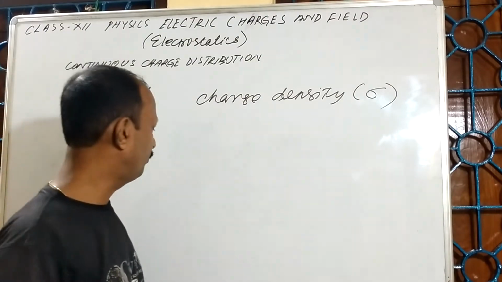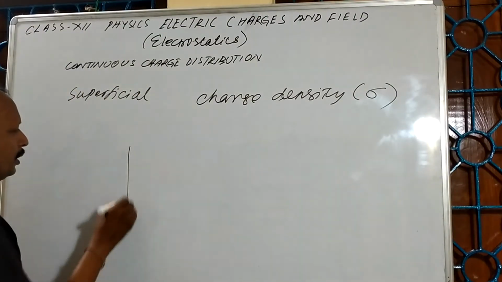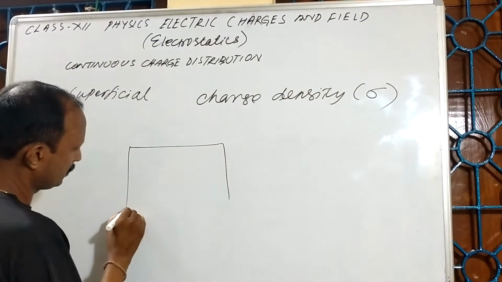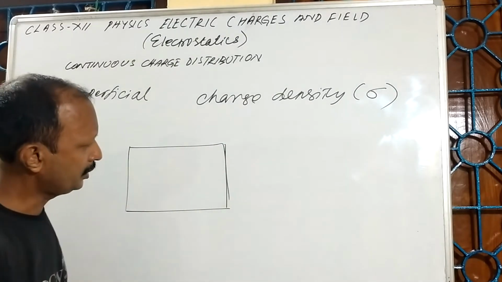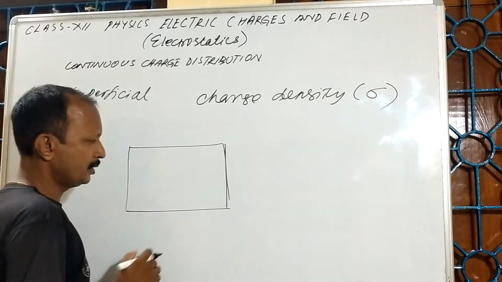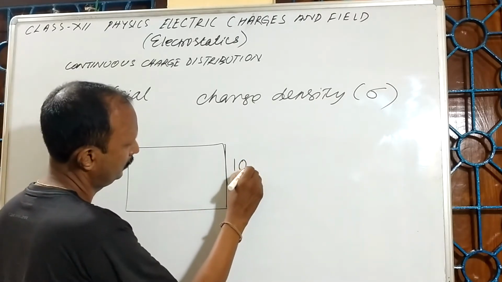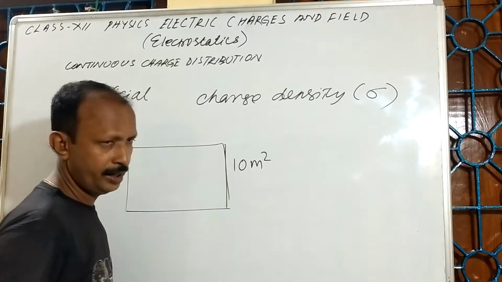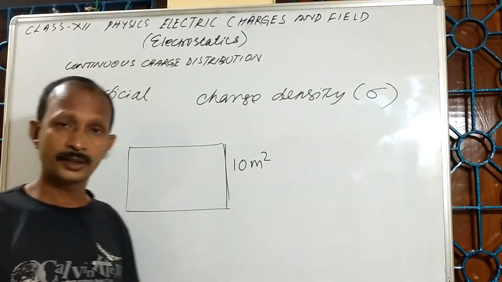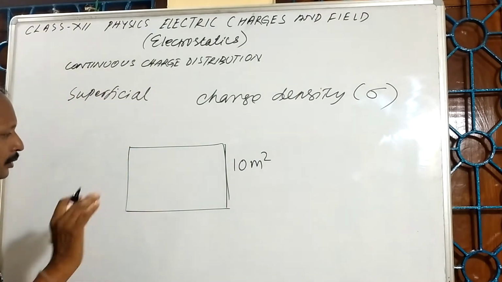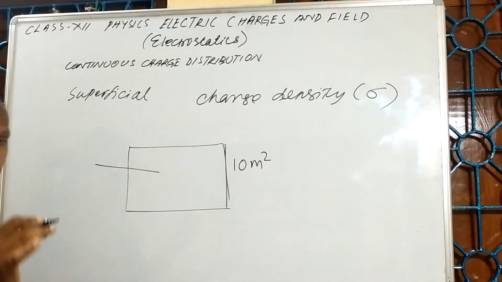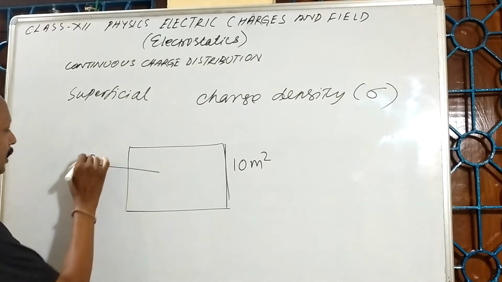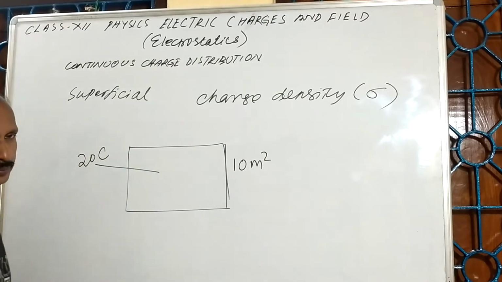Let us see, for example, this is some surface area. You think that this area is 10 square meter, and we supplied the charge of 20 coulomb.